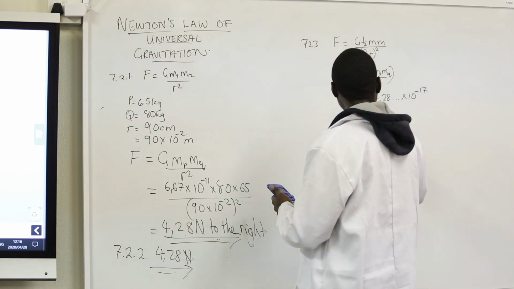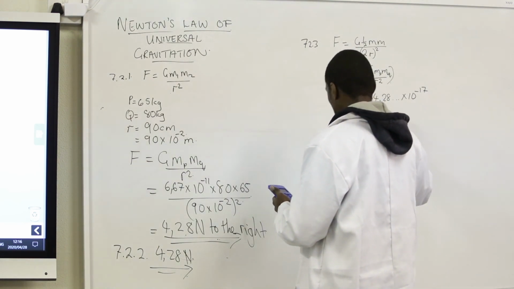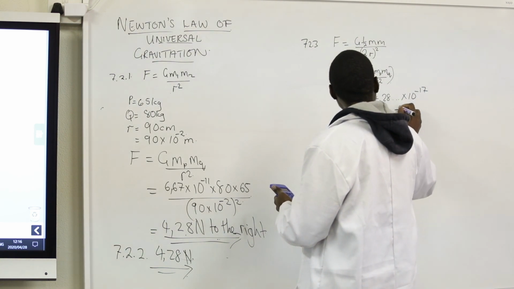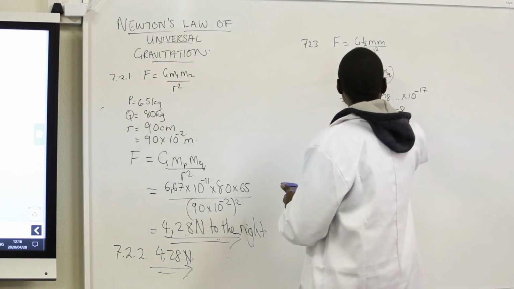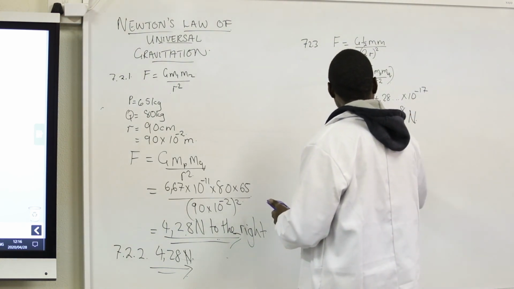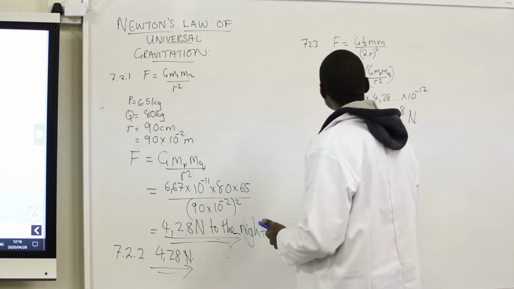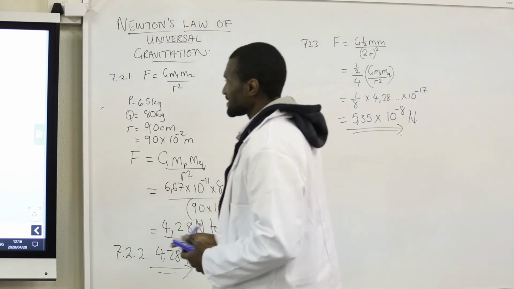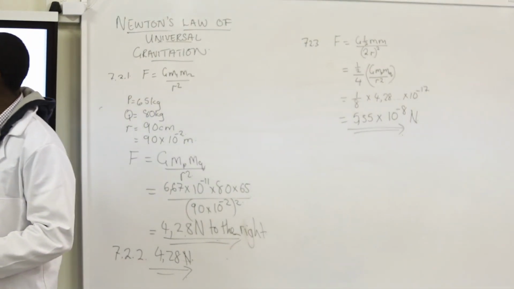Now that's my final answer, so I'll round it off to 2 decimal places, times 10 to the power of negative 9 newtons. And I have done that without using any of the values.